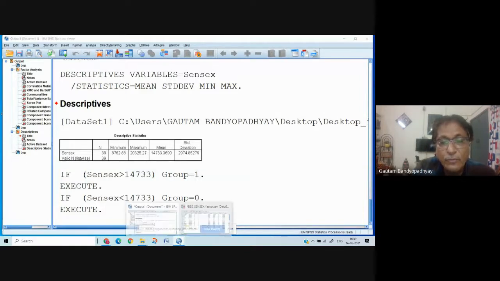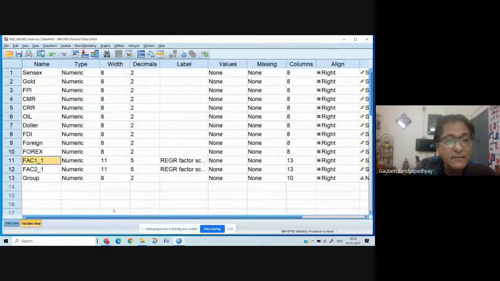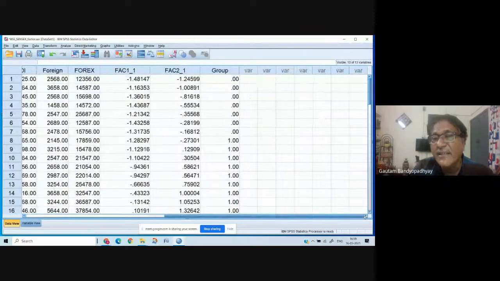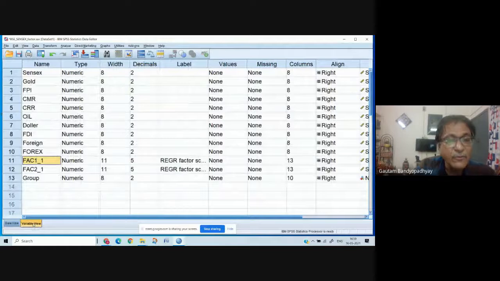So the group is created. Go to the Data View. These are the factor scores, and this is 0, 0, 1, 1. Then we go to the Variable View, and go to Values.